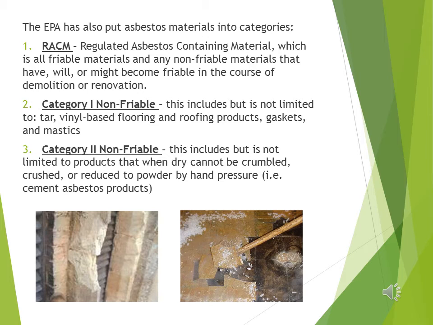Category 1 non-friable includes but is not limited to tar, vinyl-based flooring, and roofing products, gaskets, and mastics. Category 2 non-friable includes but is not limited to products that when dry cannot be crumbled, crushed, or reduced to powder by hand pressure. For example, cement asbestos products.